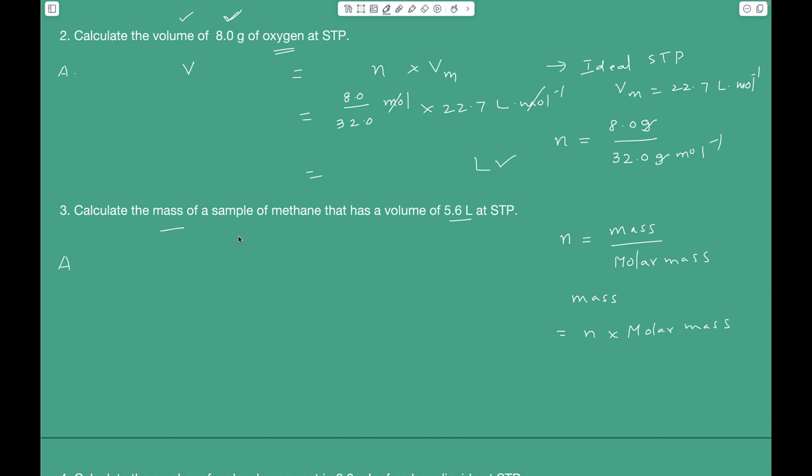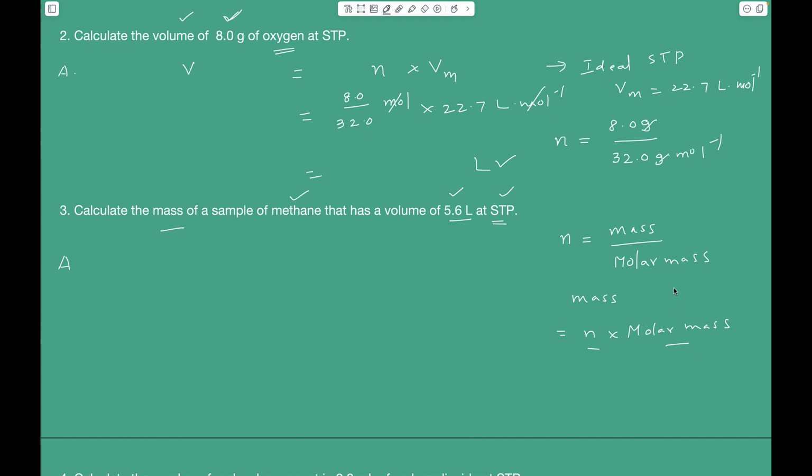But here we are not given the amount of substance. Instead, we are given the volume of the gas at STP. Now first make sure that the substance we are talking about is a gas under these conditions. Yes, methane is a gas at STP. So to know the mass, we have to know the amount of substance and molar mass.